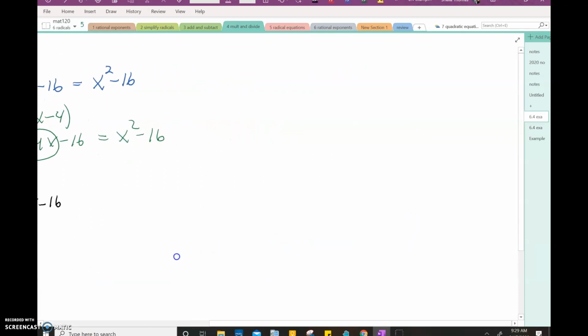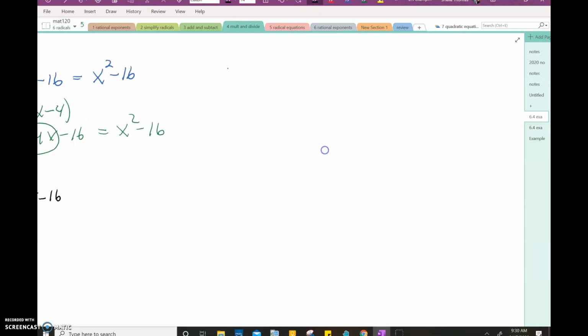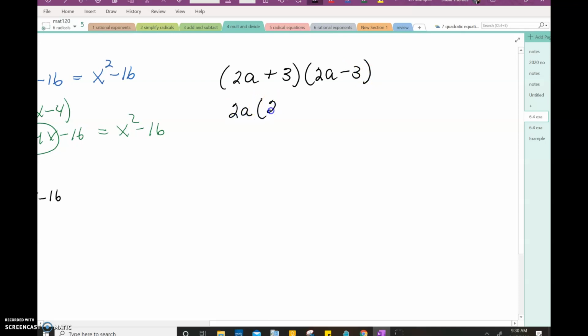Trying one more example. 2a plus 3, 2a minus 3. I'm going to do the double distribute way with this one. So the first term, the second binomial, plus the second term times the second binomial.